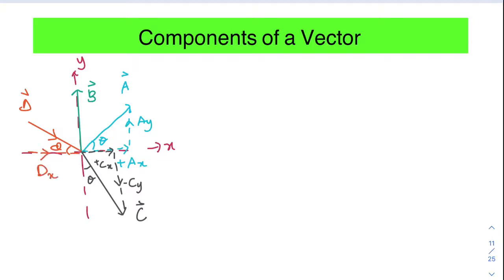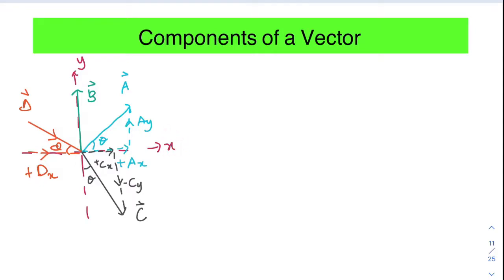This is Dx. Positive or negative? It's positive. Why is it positive, even though it is placed within the second quadrant? Because it's pointing to the right, to the positive x-axis.